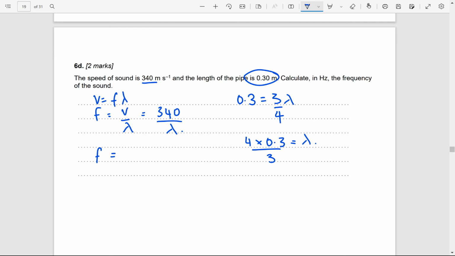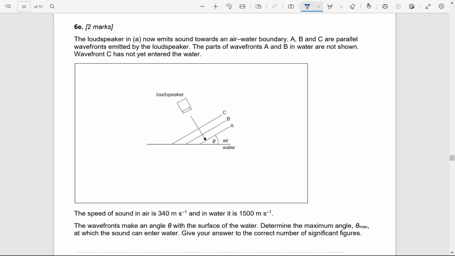And if I do, I end up with a frequency of 340 divided by 4 times 0.3 is 1.2, divided by 3 is 0.4. So the wavelength is in fact 0.4, and the frequency comes out as 150 hertz. Good practice to put in the hertz.